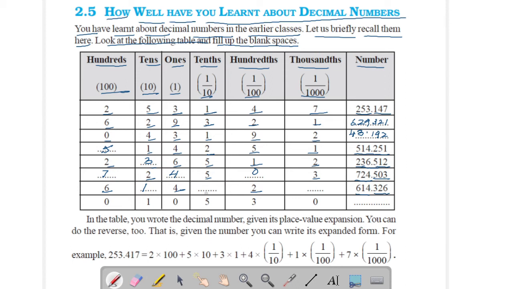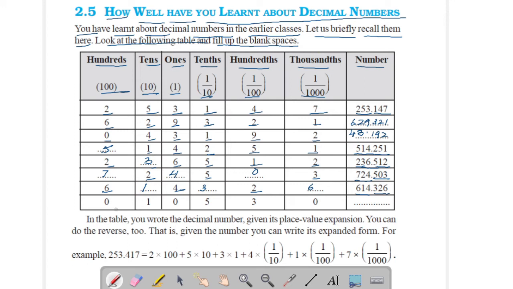Then second space is tenths. What is tenths here? It is 3. Write down here 3. Then next box is thousandths. What is thousandths here? It is 6. Write down 6 here. This is your answer.